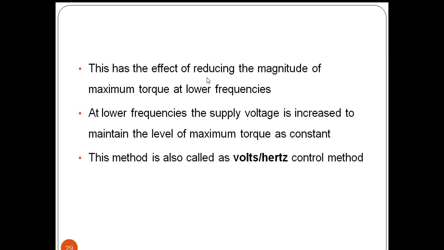This has the effect of reducing the magnitude of maximum torque at lower frequencies. At lower frequencies, the supply voltage is increased to maintain the level of maximum torque as constant. This method is called the V by F control method.